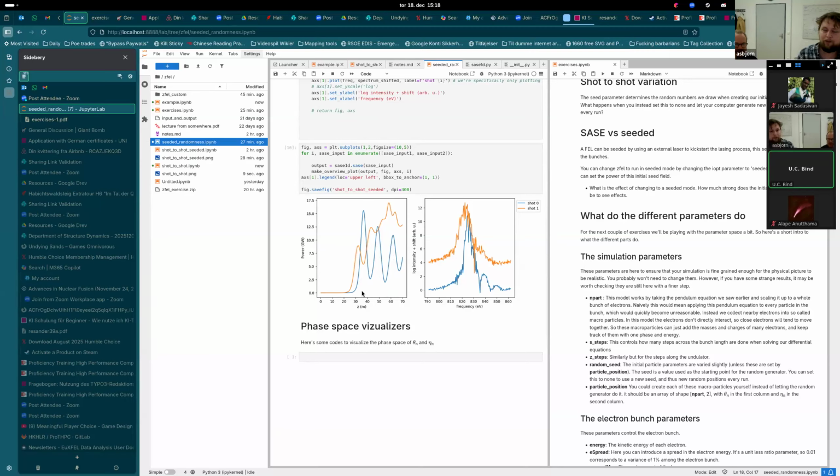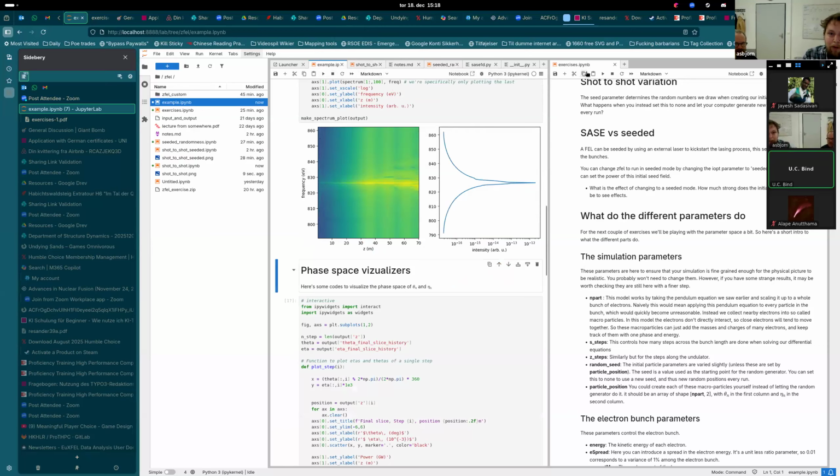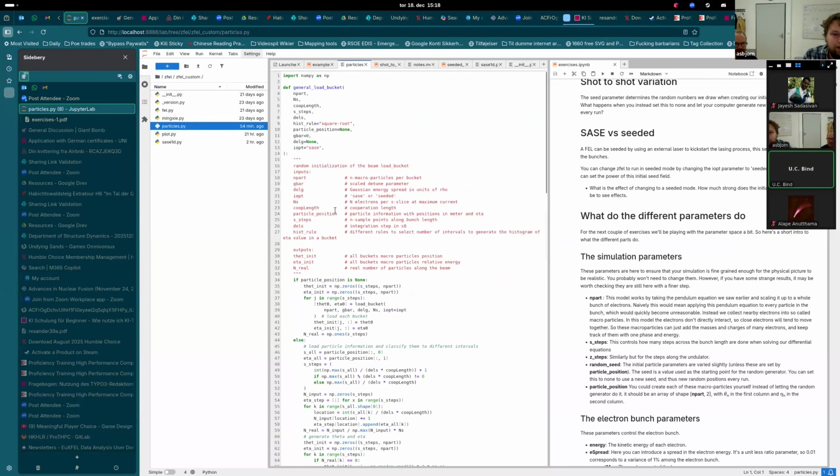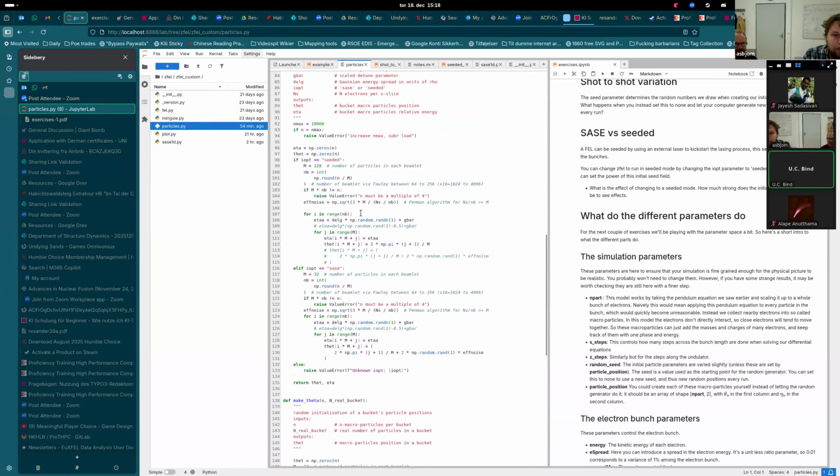This of course wouldn't happen in a real free electron laser, because if you are seeding, you'd still have the possibility of spontaneous emission. But this happens here in the simulation because when we run in seeded mode, if you go to the particles here, they generate in seeded mode.